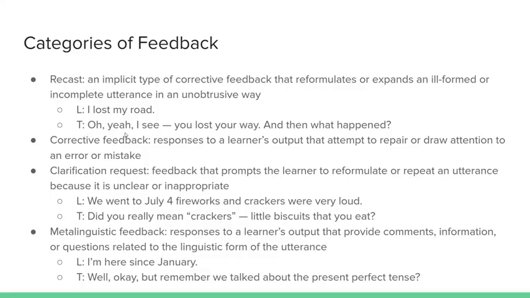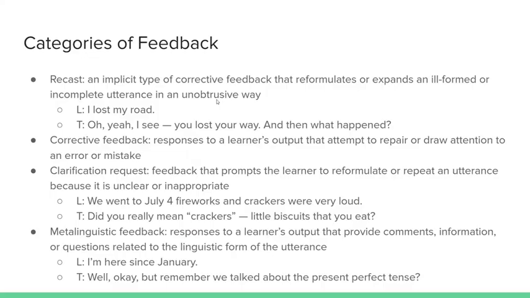So what that means is if the learner says, I lost my road, the teacher says, oh yeah, I see, you lost your way. And then what happened? So here the teacher does not necessarily point out that it's not road, it's way. Right? So without drawing attention to the word road, the teacher just recasts and continues to the next part of the conversation.